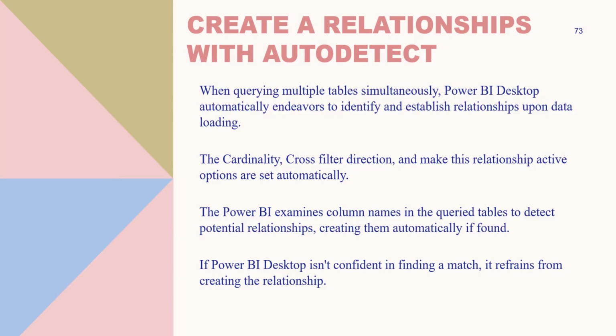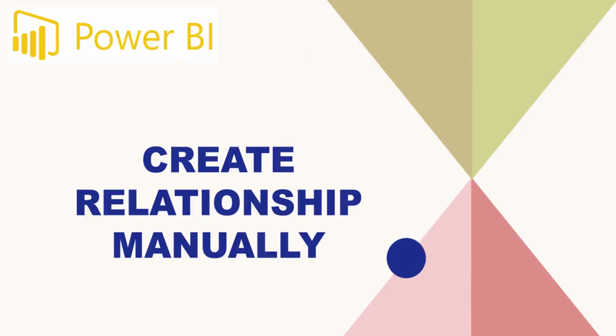If Power BI Desktop is not confident in finding a match, it refrains from creating the relationship. However, users have an option to create or edit relationships manually using the Manage Relationships dialog box. Next, we will see how to create a relationship manually.